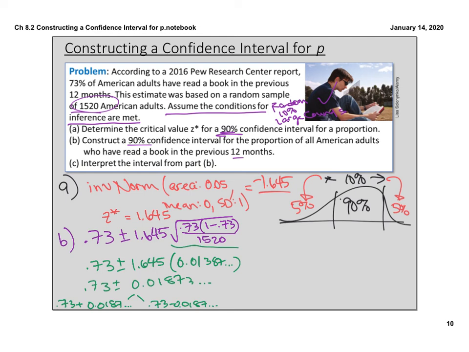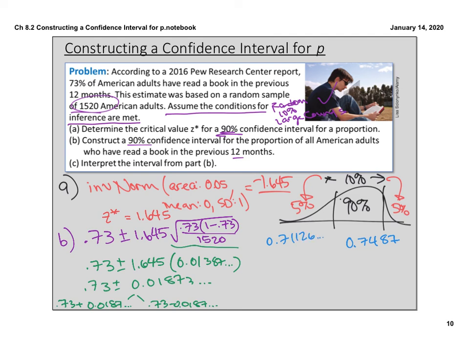My upper value, because I added first, was 0.7487. Then for 0.73, in my calculator I'm allowed to arrow up, which is helpful. I'm going to arrow back up to that answer and just pull it. So 0.73 minus, arrow up, hit enter on the answer I want from that multiplication of the 1.645.